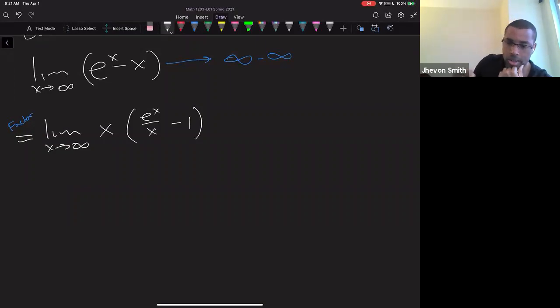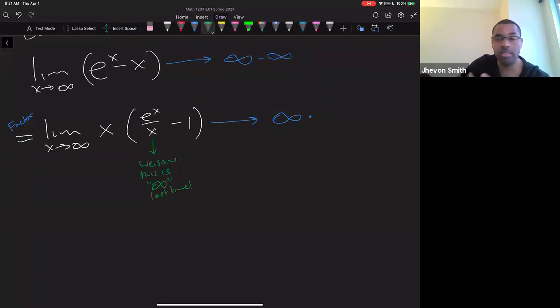So now it's a factor. Now it's a product. I have x times something. Now the x is going to infinity. And what about the thing inside? Well, we saw this goes to infinity last time. Yeah, you can apply L'Hopital's rule. You can also just know, well, it's an exponential divided by a polynomial.